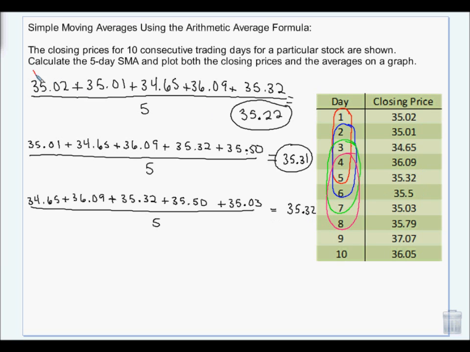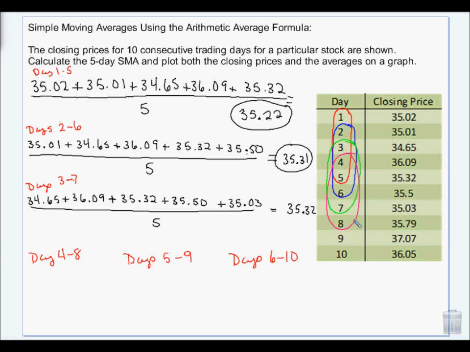Okay. Now, this was days 1 through 5, this was days 2 through 6, this is days 3 through 7. So days 4 through 8, days 5 through 9, and days 6 through 10. And then I'll be done, right? Because 10 is my last value.